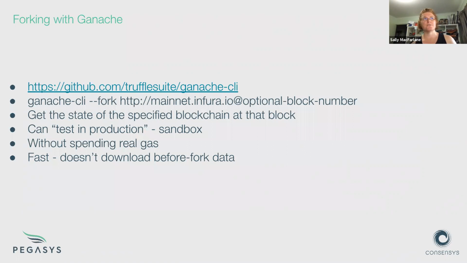The default value is the latest block, and basically then Ganache will serve up the state of that blockchain at that block with the added bonus of it being served by Ganache, so it's fast and it doesn't download any of that before-fork data from the actual blockchain. It just uses a fallback method to query it, and then it's got it cached in Ganache. So you can use that to test in production.